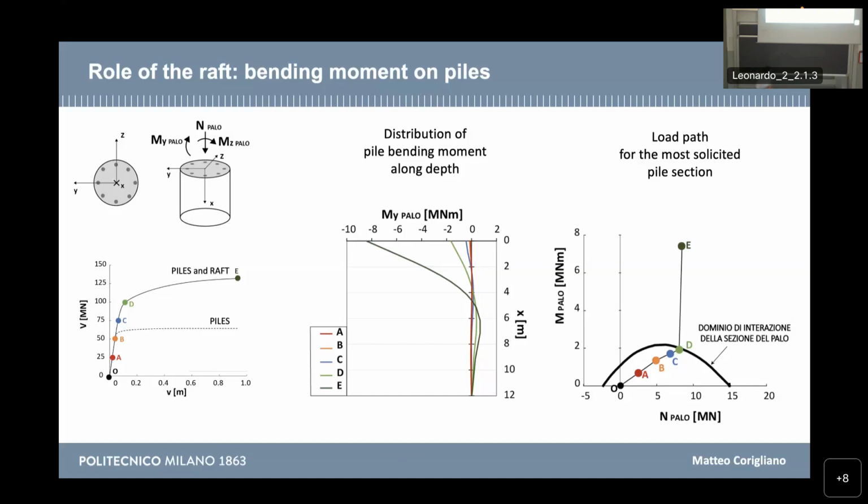And the important fact is that this bending moment is not negligible, but we can reach values of bending moment in the pile heads due to the rigid connection that can induce the structural failure of the piles. And this aspect is not considered by the conventional approach.